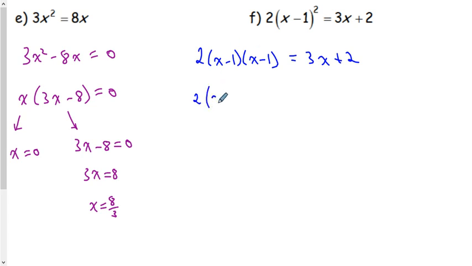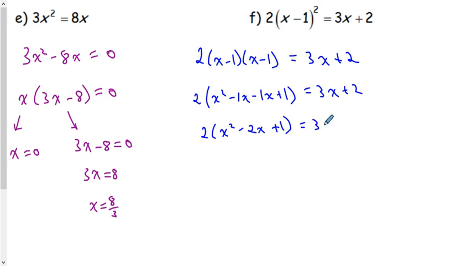X times x is x squared. X times negative 1 is negative 1x. Negative 1 times x is negative 1x. Negative 1 times negative 1 is positive 1. So far, so good. Let's collect our like terms. Now let's multiply that 2 through the brackets.